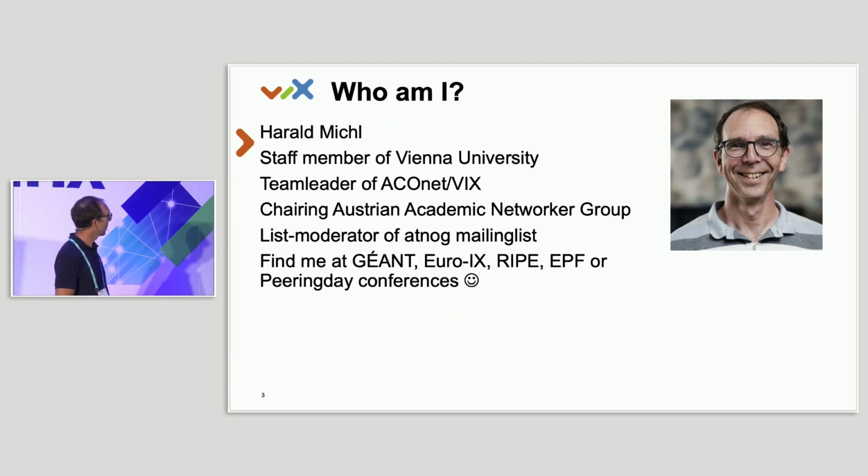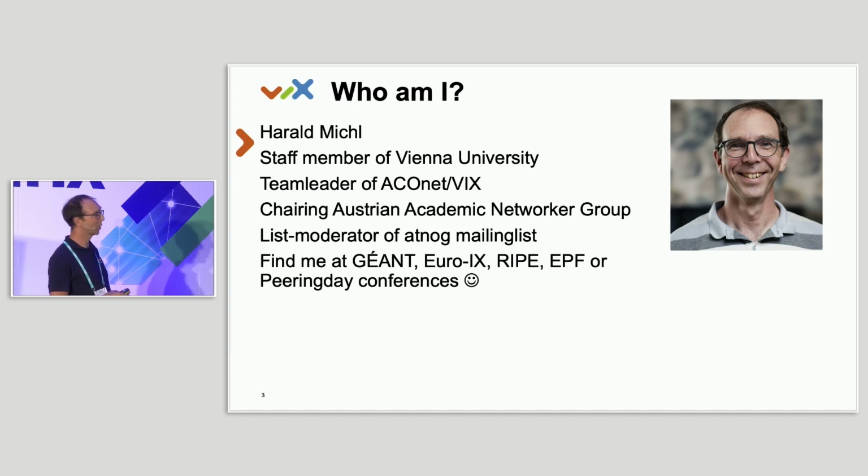Okay, who am I? Maybe just to let you know. I'm working for Vienna University, so the exchange point and the academic network of Austria, which is called ACONET, and you can compare it to JISC in the UK, is run by the same team of people at a department of the Vienna University Computer Center. So we are about 15 people running the exchange point and the academic network.